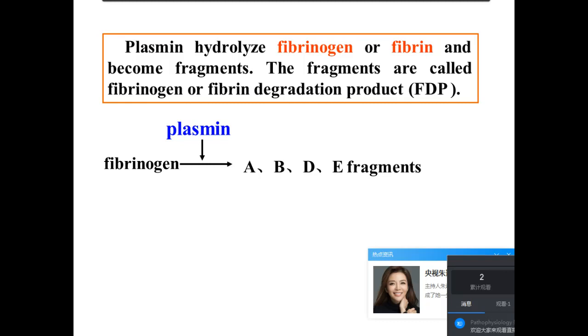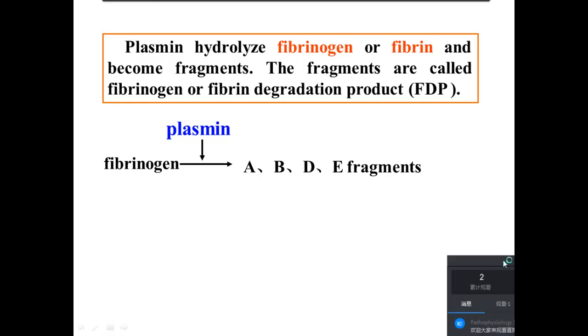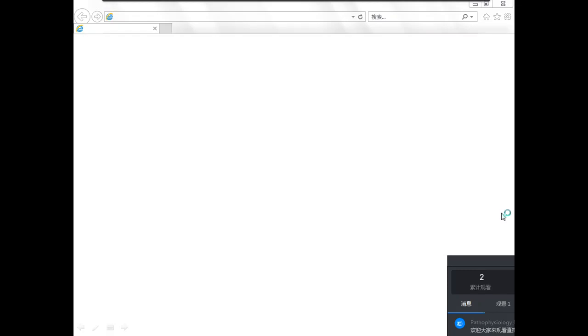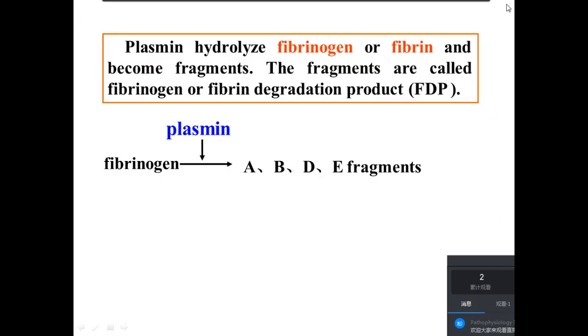So the first pathway, only the fibrinolytic system activated, belongs to primary fibrinolysis.